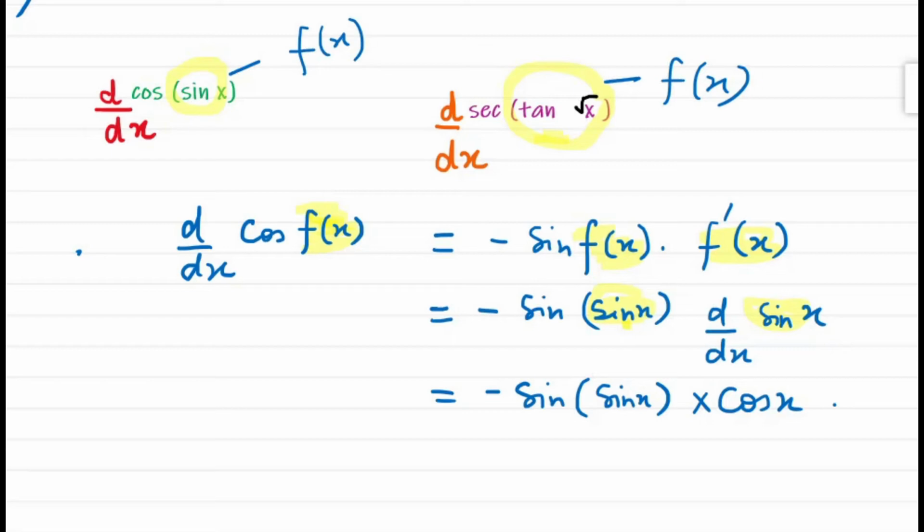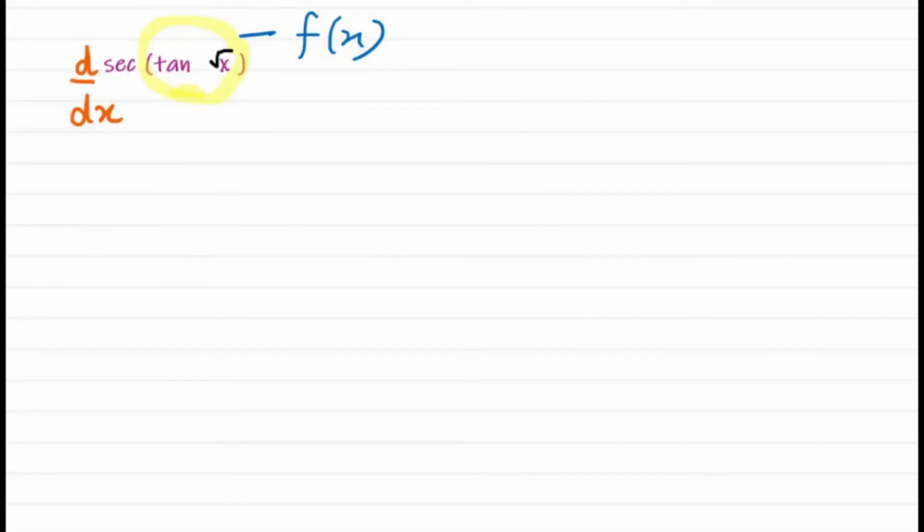Now let's see the second example. Like I've explained earlier already, you will take this one as your f(x). So now if you're finding the derivative d/dx of sec, then here the whole thing we have taken as f(x), or you can substitute it with t or u or any other letter also. So what is the differentiation of sec f(x) or sec x? It's sec x tan x.